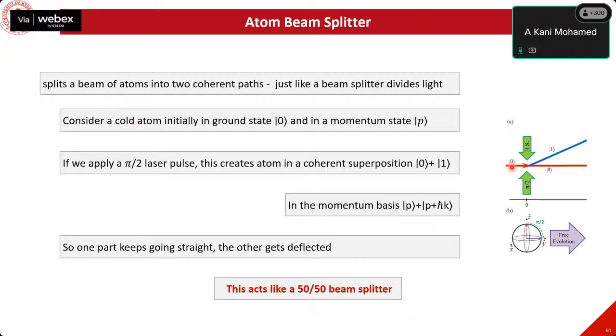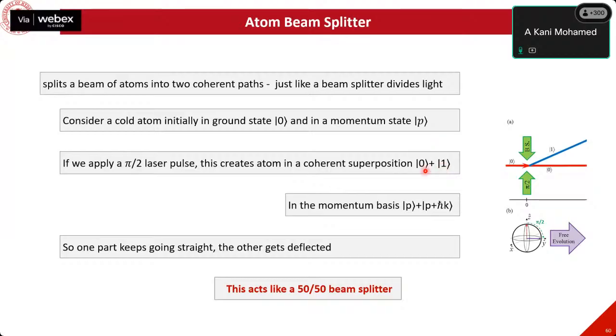Consider the atom in the ground state, moving with the momentum p. But instead of applying a pi pulse, if we apply a pi by 2 pulse, it creates an atom in a coherent superposition of ground and excited state.